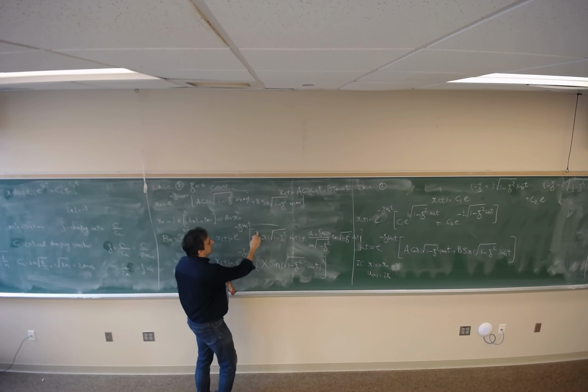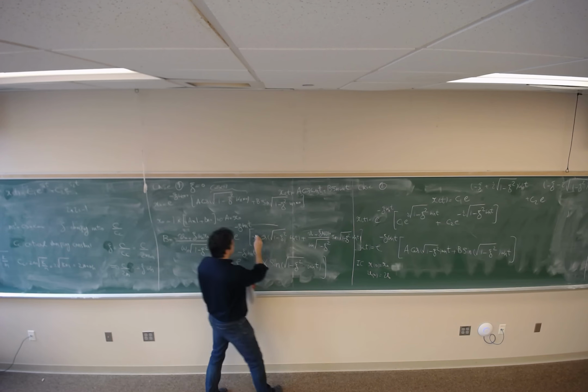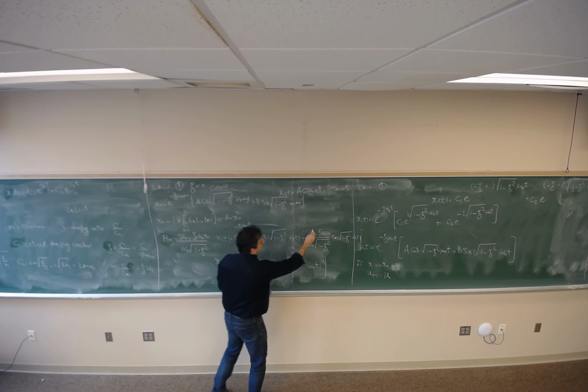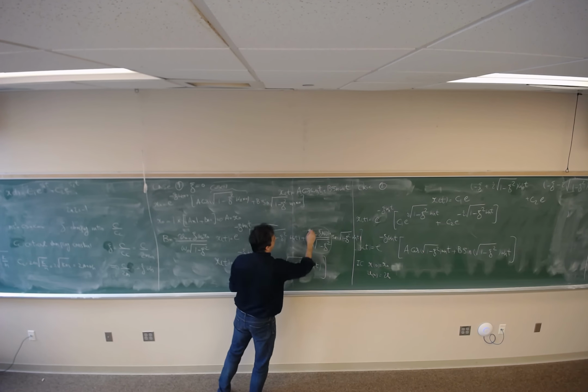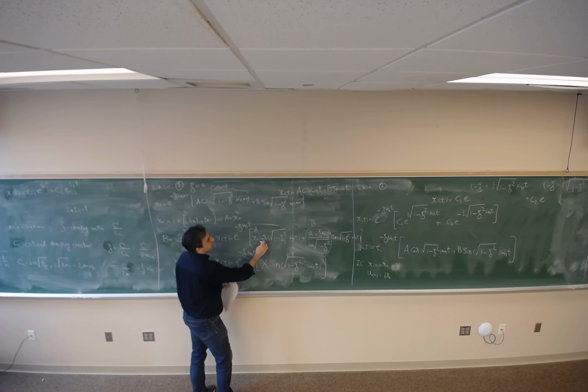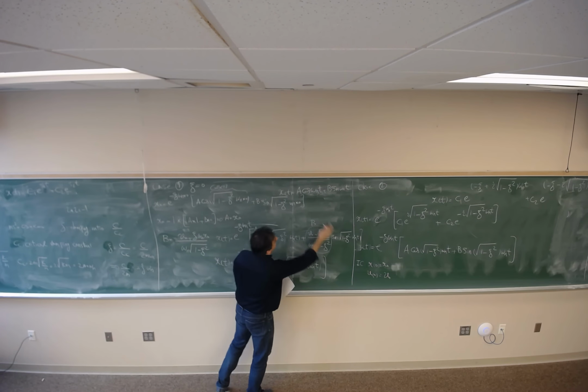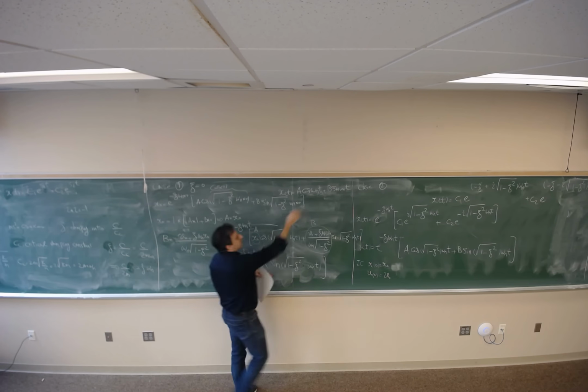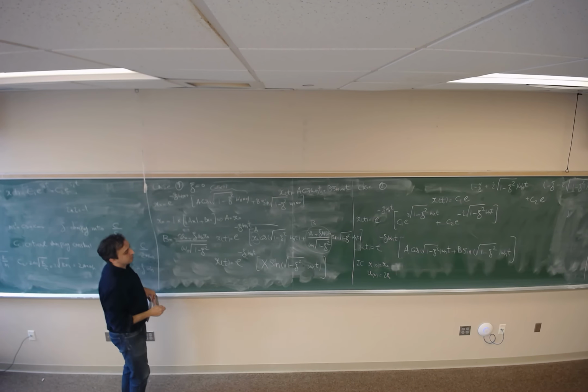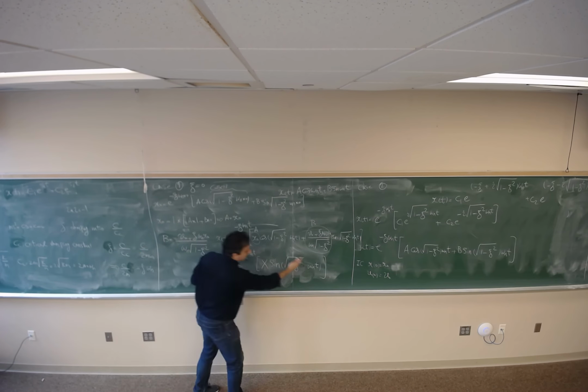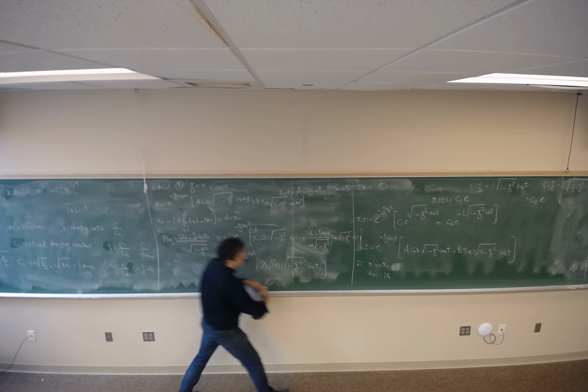This is A, this is A, this is B. I have A cosine plus B sine. The summation of two harmonic functions can be written as a sine or cosine function.